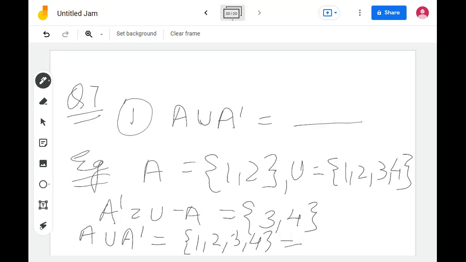We can see from here that 1, 2, 3, 4 is our union. So we can conclude that here we can fill in the space that A union of A complement is equal to union.